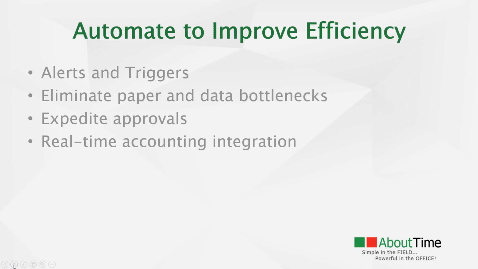The other nice thing about automation is now in the system, we can set up the ability to alert project managers, foremen, supervisors when there's a condition that exists out in the field that is not conducive to work. So let's say, here's an example.